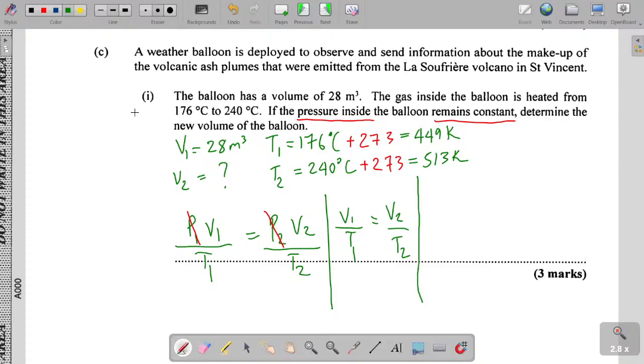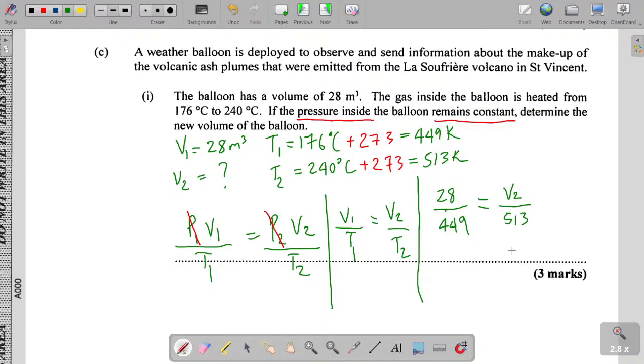So adding the information to the equation, we don't need to convert the volume, right? So it's going to be 28 divided by T1, which is 449, equal to V2, which is what we don't know, divided by 513, right?